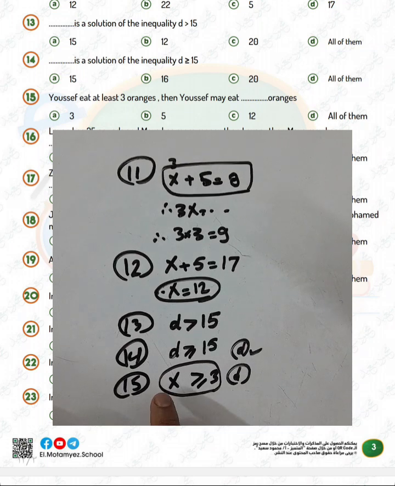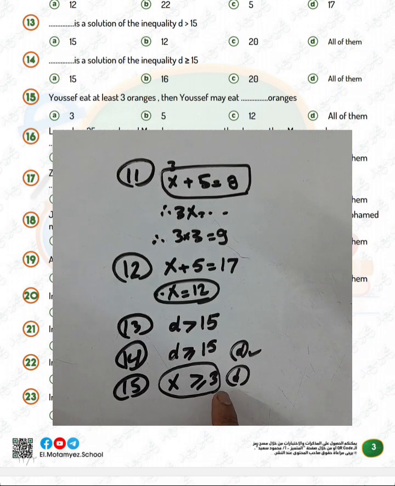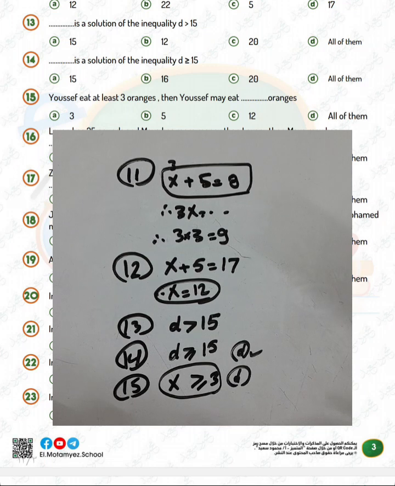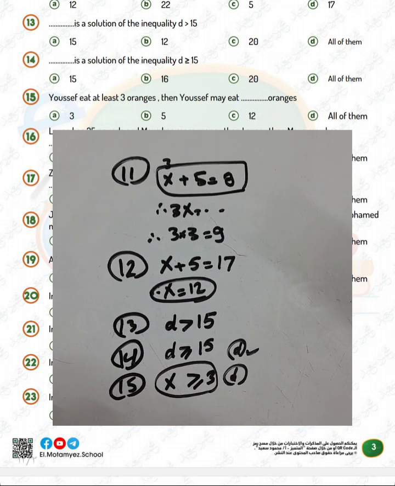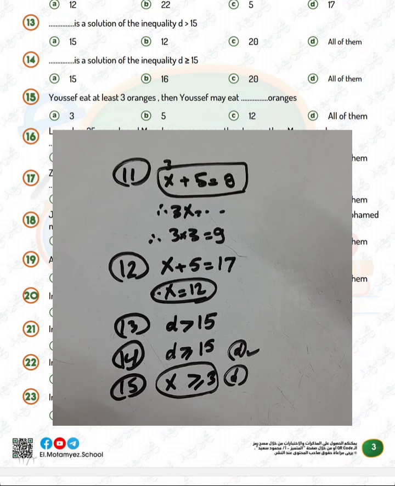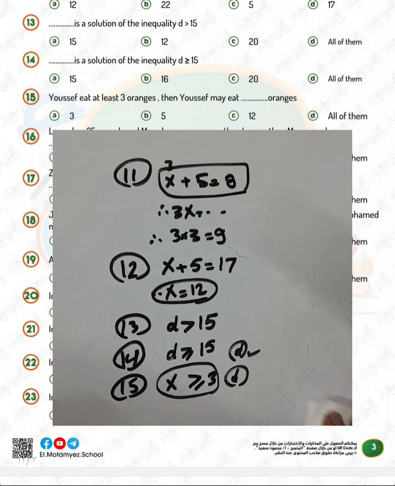Then x greater than or equal to 3, where x refers to the number of oranges which Yusuf ate. He ate at least 3 oranges, such as 3, 4, 5, 6, and so on. So 3, 5, 12, all of them are exactly the result. All the results here are true.